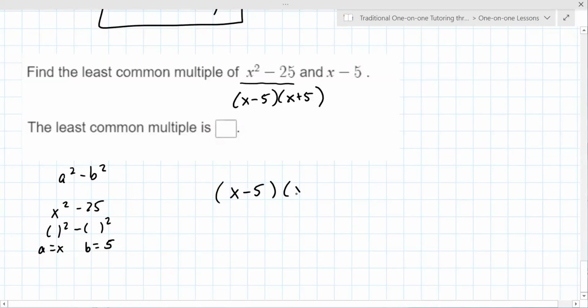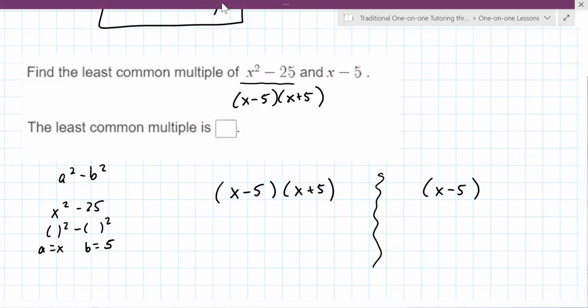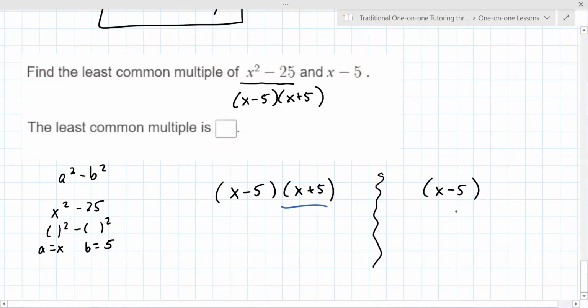Okay, and then to determine the least common multiple here, you try to figure out what is missing. So this one on the right, what is it missing? It's missing an x minus 5. Like, these are already the same, but it's missing this right here.